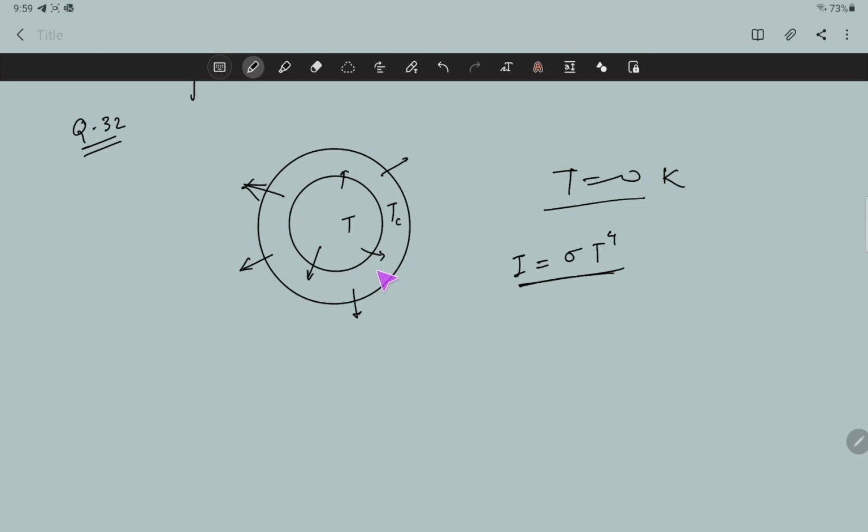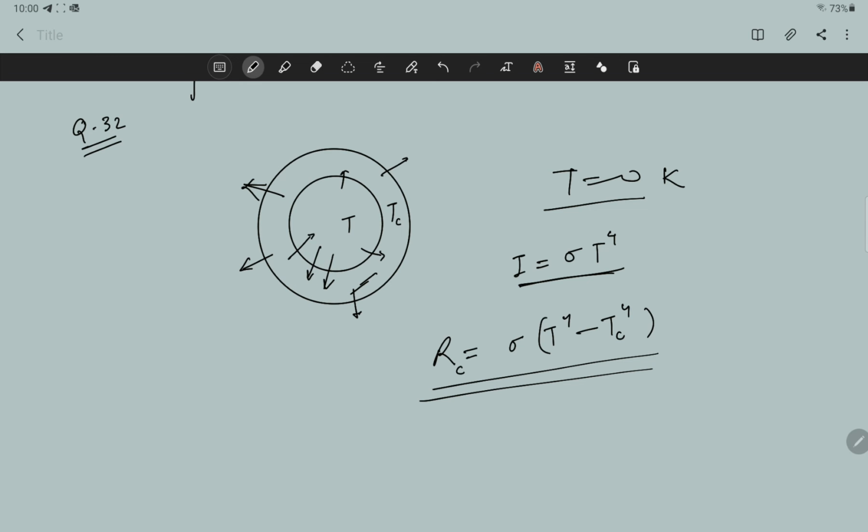So how much energy will this cloud receive from the star? The energy received by the cloud will be equal to sigma into T to the power 4 minus Tc to the power 4, because the star will radiate in this direction, and simultaneously the cloud will radiate in this direction. So the net energy received by the cloud is this.